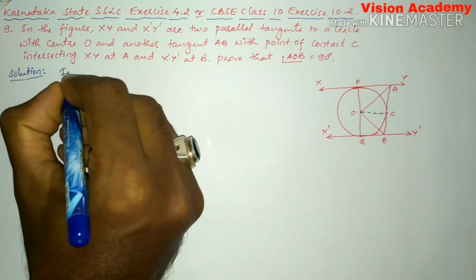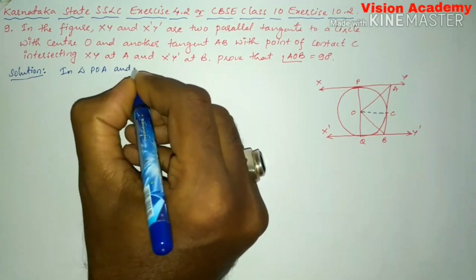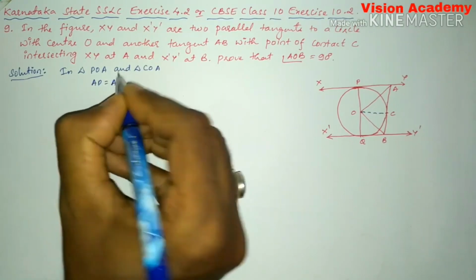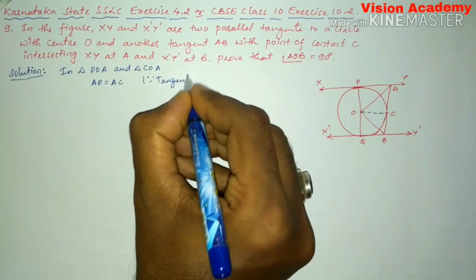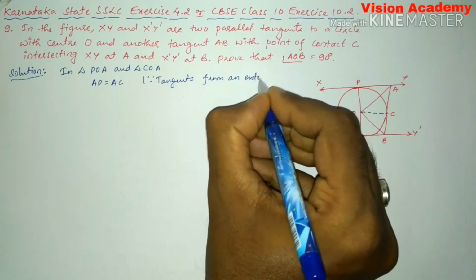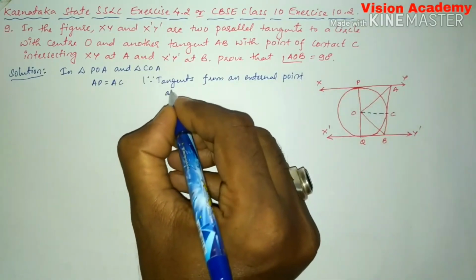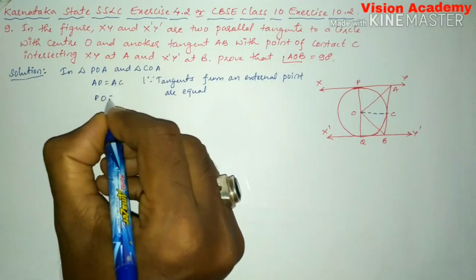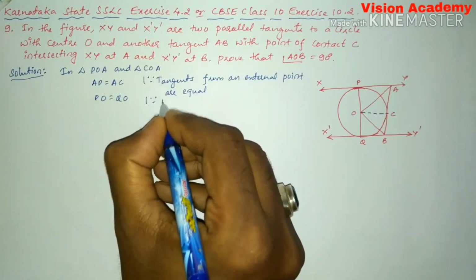In triangle POA and triangle COA, AP is equal to AC, because tangents from an external point are equal. PO is equal to QO because they are radii of the same circle.